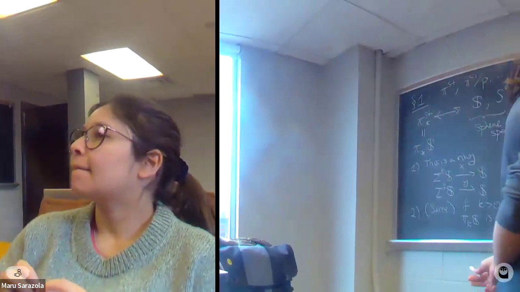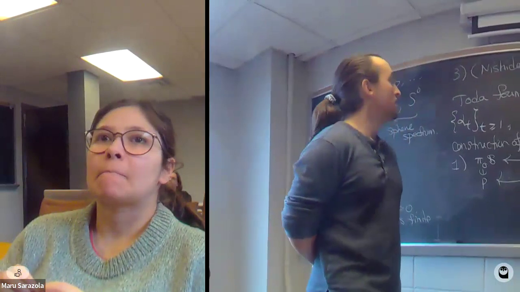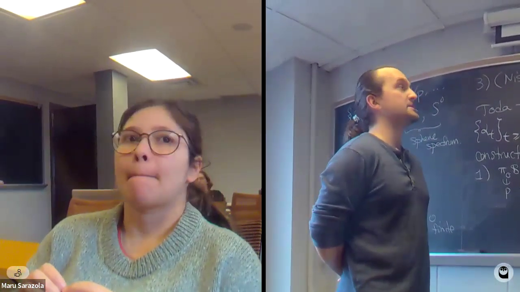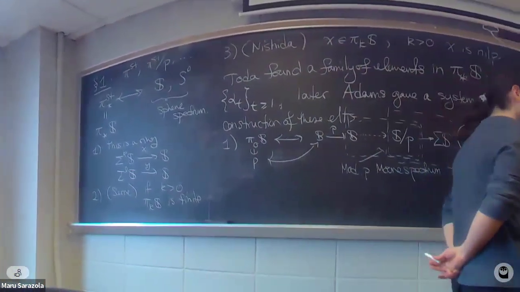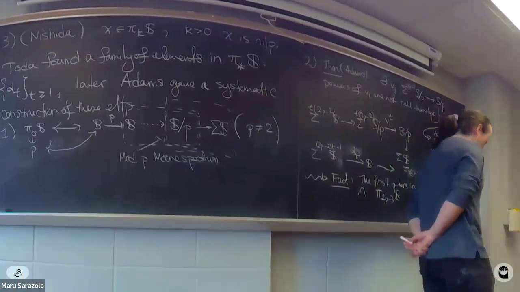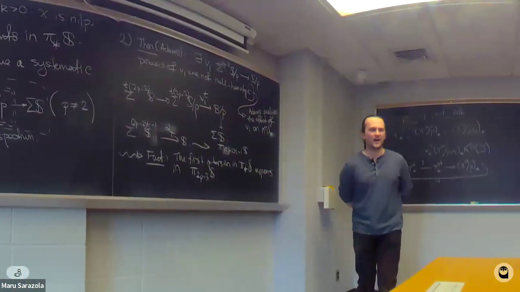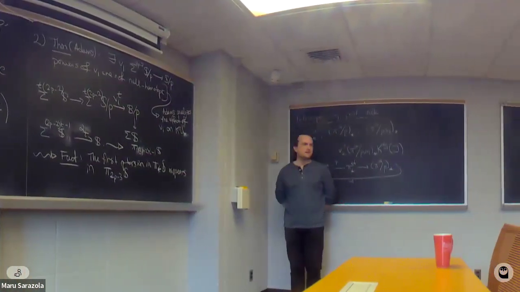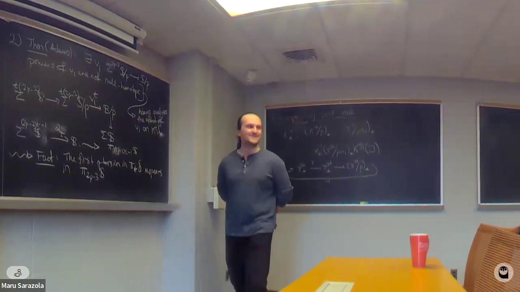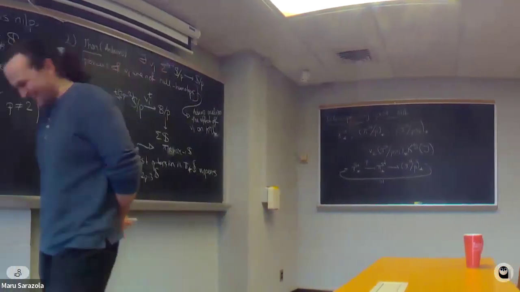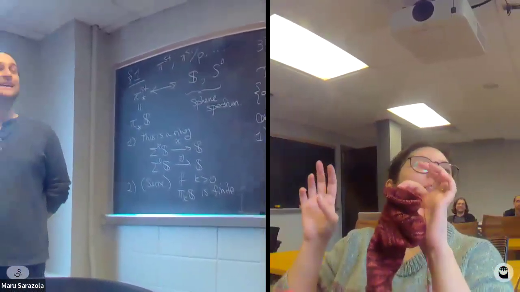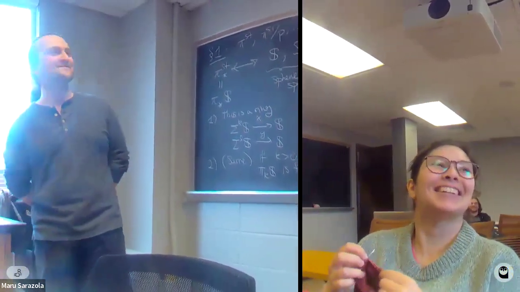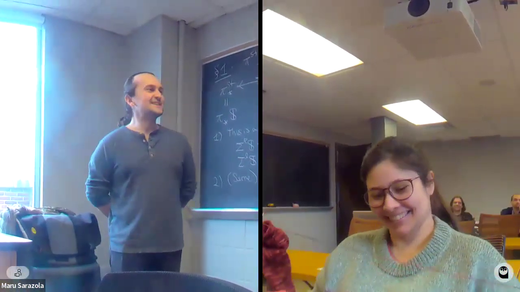So Toda did this in the 60s, and I think Adams did this in, in his paper, he says that he knew these results from '61, but then it took him like 4 years to write it up, so I think it's from '65. Does that sound right, Tyler? Okay. So I guess we would say they are classical. Yes, this is highly classical, very, very, very classical.